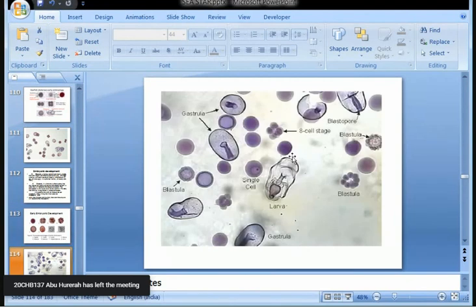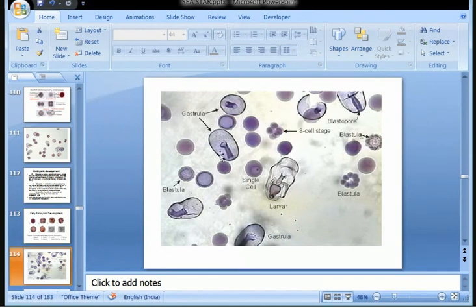Now this is the actual slide. Here you see the various developmental stages. For example, here you see the 8-cell stage. Here you see the blastula, the early blastula, and the late blastula, and then the gastrula. Here you see that this archenteron has formed, and this two-layered structure is formed, and that further develops.